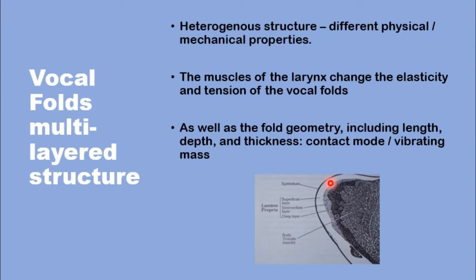In addition, the muscles of the larynx can change the elasticity and the tension of the vocal folds, and also the geometry of the vocal fold, including the length, the depth, the thickness of the contact area, the contact mode itself, that is the vibrating mass of the vocal folds. That's why the vocal folds should be expected to have an infinite number of eigenfrequencies and eigenmodes.